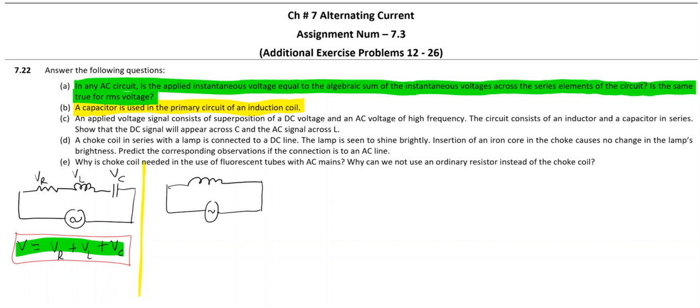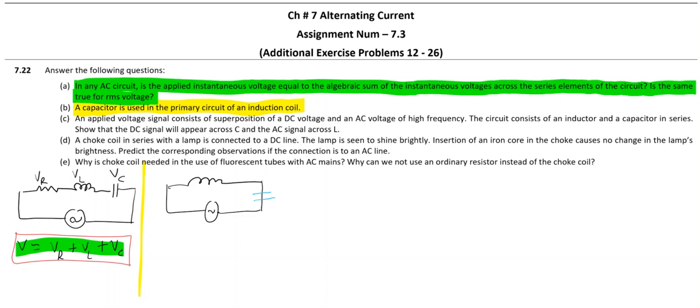And if we connect a capacitor somewhere, the back EMF will charge the capacitor. And if you don't use a capacitor, the back EMF will produce a spark. So it's preferable to use a capacitor in order to avoid sparking during switching on or switching off of such devices where a high value inductor is connected. Induction coil is one of such devices where a high value inductor is connected. So to avoid spark, a capacitor is used.